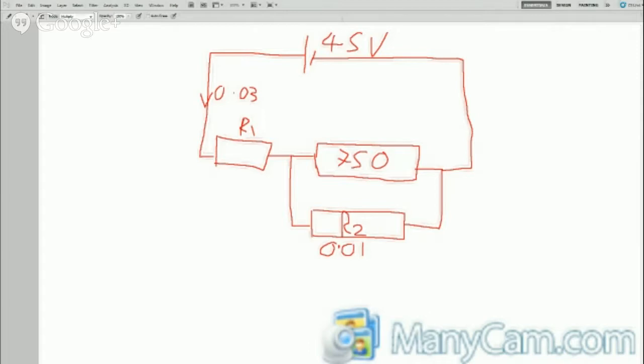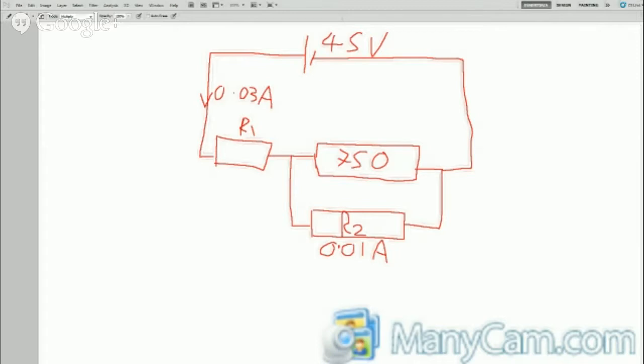So, we know that the total current flowing through the circuit at this point is 0.03 amps.